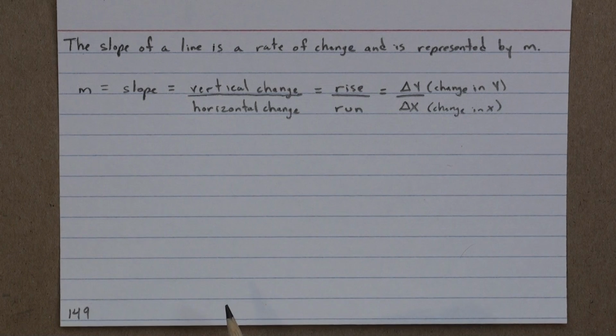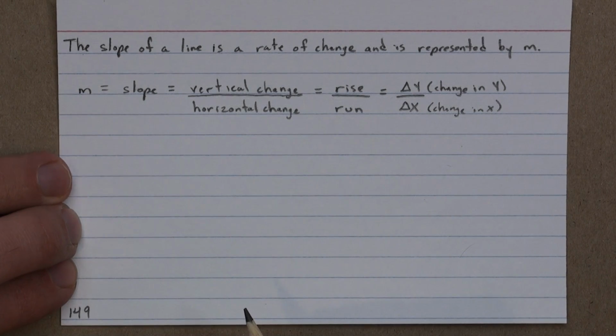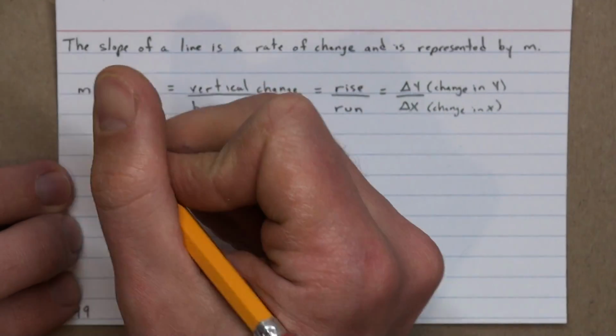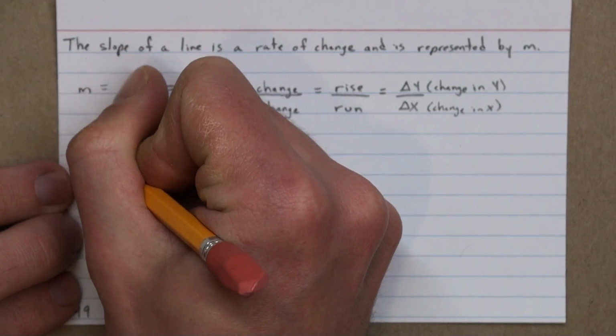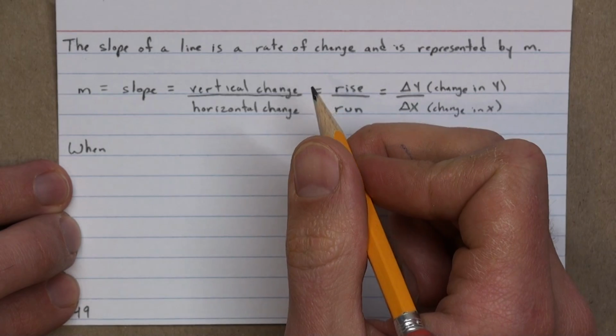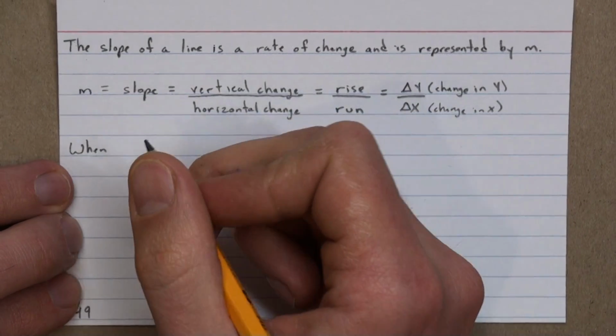So now there's a specific time when we want to use a different type of slope formula. It's not really a different formula, it's just a different description of it, but it's still the same slope.